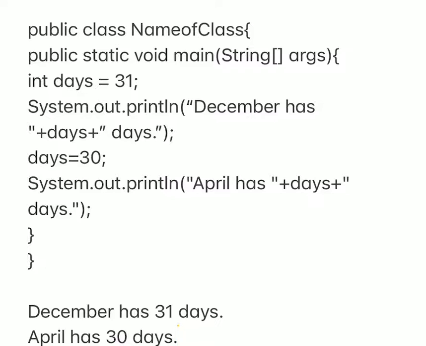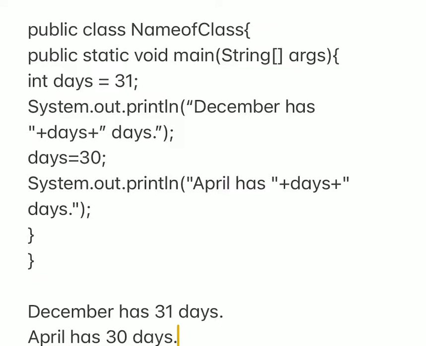But the idea is just that when you want to change the value to a variable that's already been initialized or given an initial value or declared, or however you want to say it, once you've made that statement that says int for integer, the name of the variable equals the value, and again you end it with a semicolon, then you can just say, like in this case we called it days, any other future calls to that variable don't need the int in front of it.